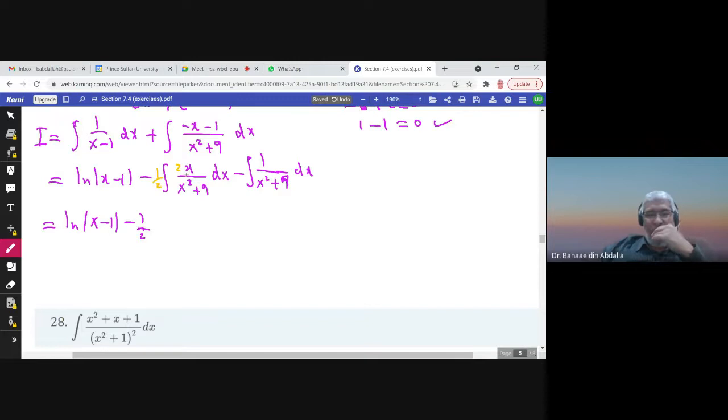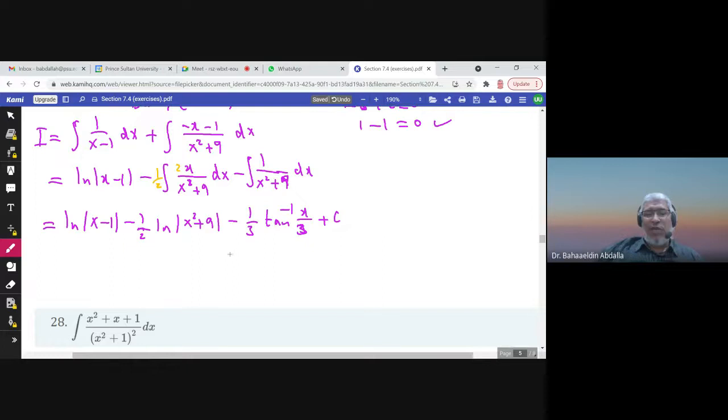Now this would be du over u. So the integral is ln u, or x squared plus 9. And now a squared is 9, a is 3. So the integral would be negative 1 over 3 tan inverse x over 3 plus c.